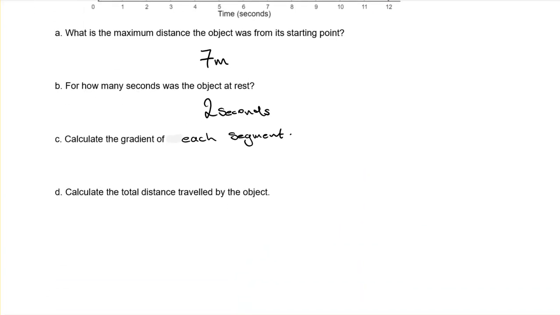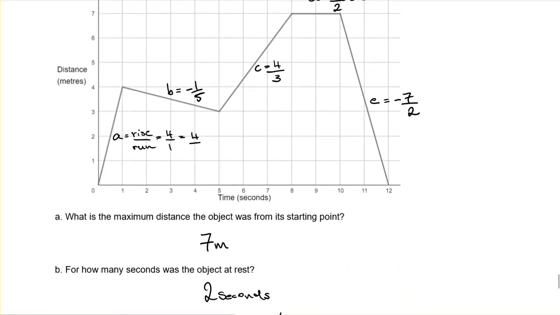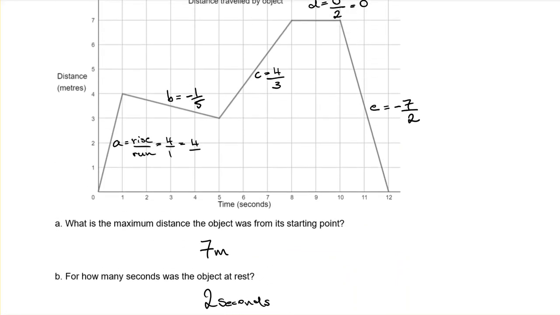Part D, calculate the total distance traveled by the object. Okay, so this object went 4 meters in a certain direction, and then it turned back for 1 meter. So it turned back 1 meter, so that's a total of 5.